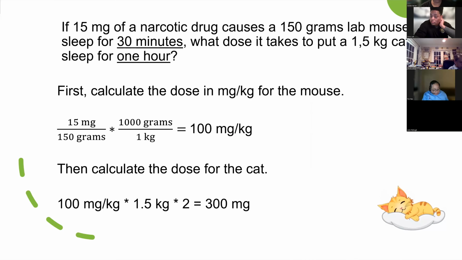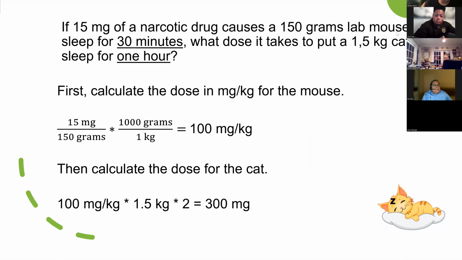Now let's do another calculation, okay? Don't look at the results, just try to calculate it yourself. If 50 milligrams of a narcotic drug causes a 150 gram lab mouse to sleep for 30 minutes, what dose would it take to put a 1.5 kilogram animal to sleep? So remember, you have 150, and now you're trying to put down 1.5 kilograms.